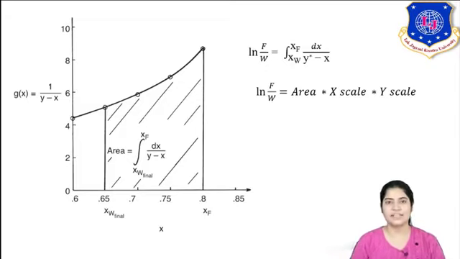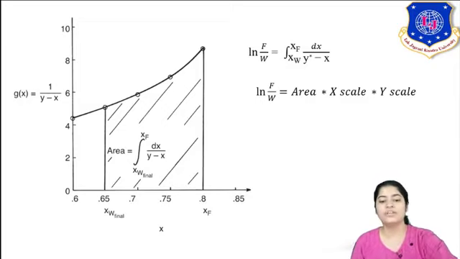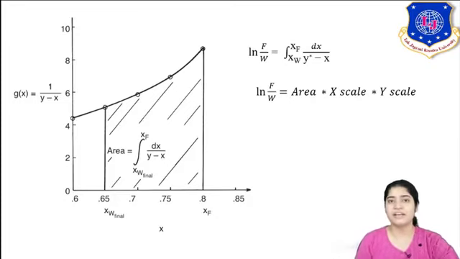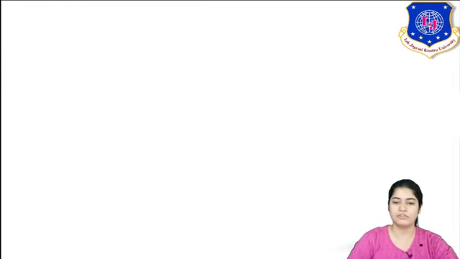X and Y scales you can take graphically, and from that you can get the area. What is the purpose of getting the area? Now you will cover that area, and on covering that area you can get the value of your final XW. On solving the sum this will be more clear, but you have to remember the formula.